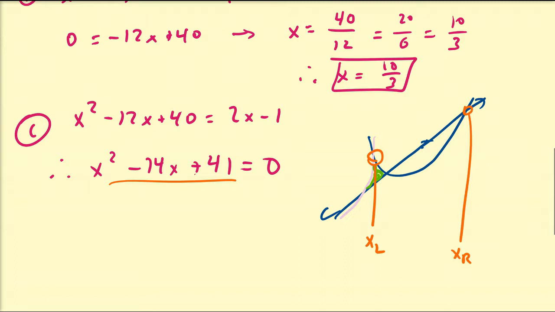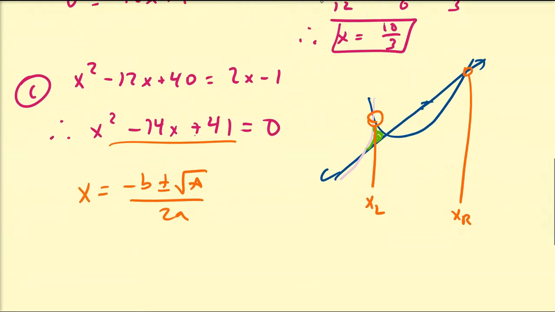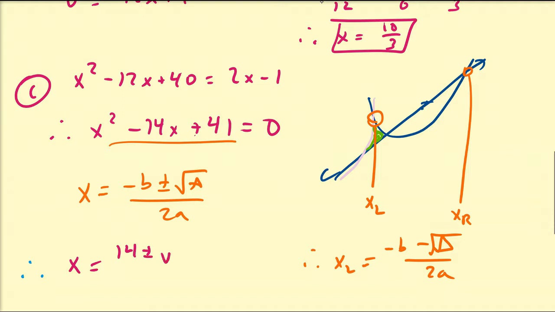Notice that xl is the only point that I'm interested in. And remember, for the quadratic equation, x is equal to negative b plus or minus the square root of the discriminant, all divided by 2a. So if we choose the left one, xl, the point of interest, is going to be negative b minus the square root of the discriminant, all over 2a. So x is equal to negative b minus the square root of 14 squared minus 4 times a times c, all over 2a.